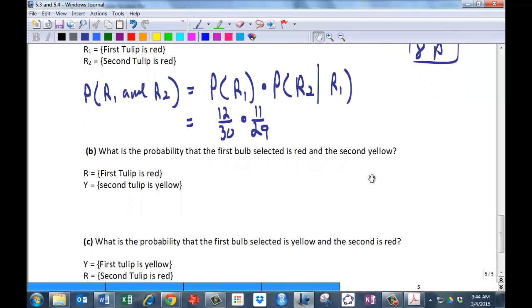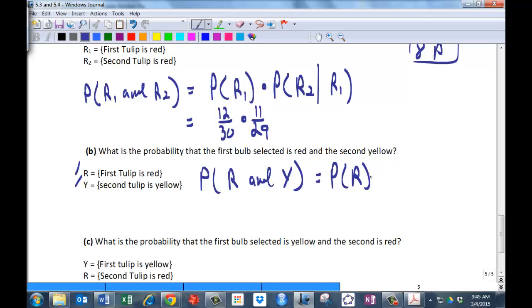All right, so let's try this one. Probability the first one is red, the second is yellow. So we'll just let these events here be this. So this is going to be probability the first one is red times probability the second one is yellow given the first one is red.